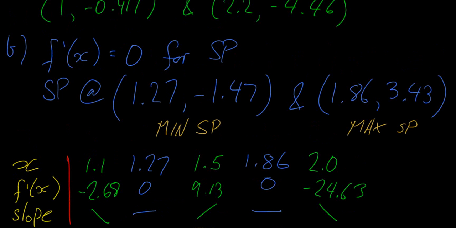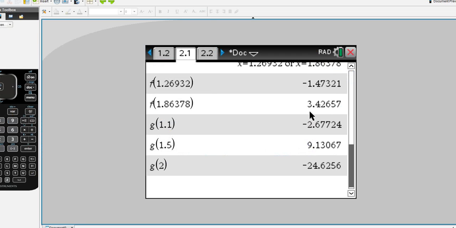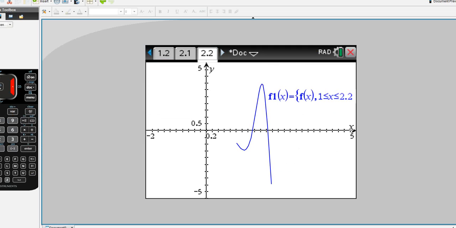But depending on whether these are actually absolute or local, we need to look at the graph. So just going back over here, Control right, you can see that the first minimum, or the only minimum I should say, is a local minimum, because the endpoint here is much, much lower. You can also see that from looking at your endpoint as well.